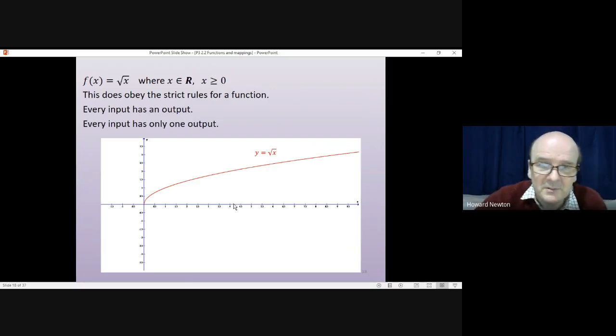So coming back to the graph, if we write y equals root x and we specify this domain, now it's fine. There's no negative bit down here, so we don't get two answers for the same input. And this negative bit over here on the x-axis, it's not a problem because we've said it's not a problem. We've said x has to be a positive number in the domain of the function.